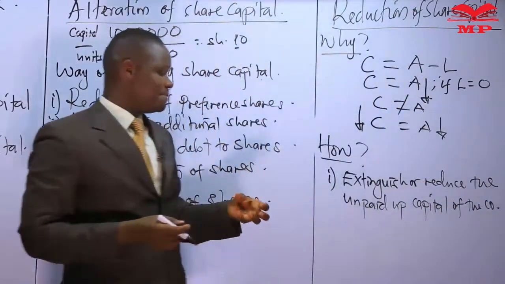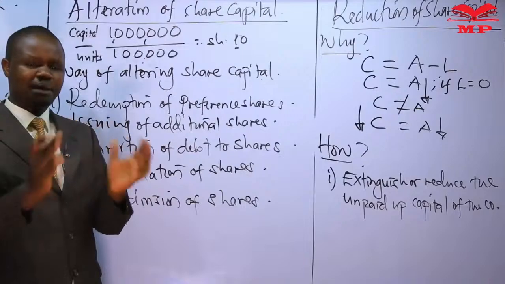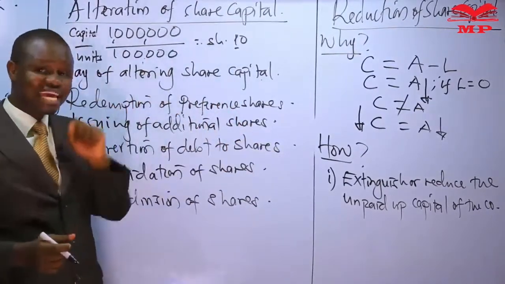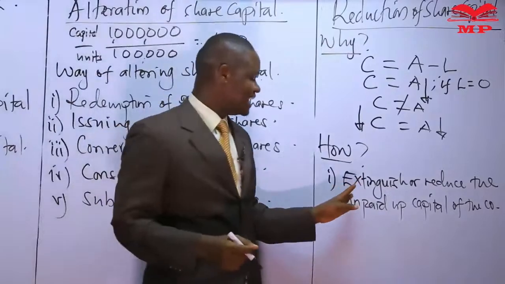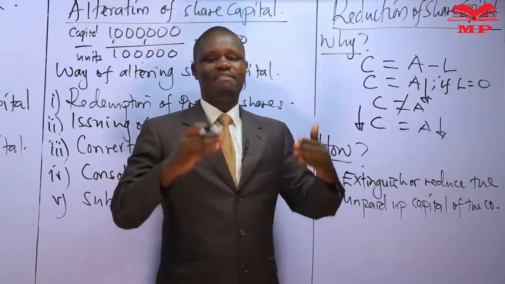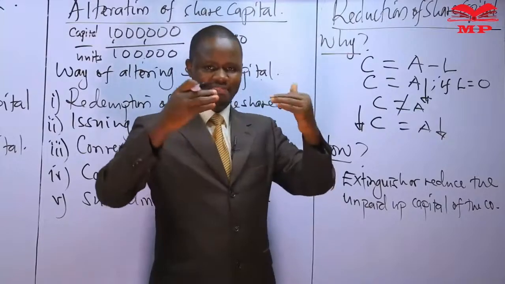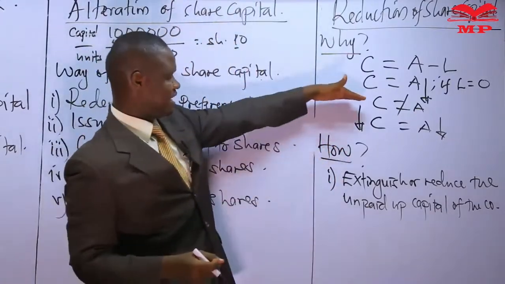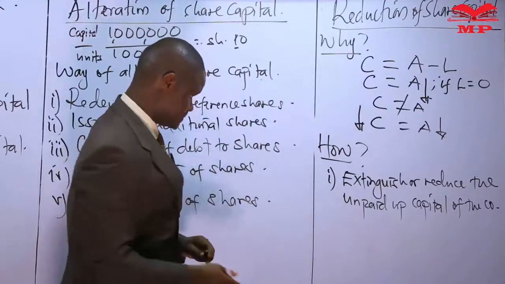So that part of the company's share capital that is unpaid up, that we have made a demand to members to pay, but they are yet to pay, then we can extinguish or reduce that liability, where we are simply telling members that they no longer have to pay. They no longer have the obligation to make that payment to the company. The effect is that our C reduces.